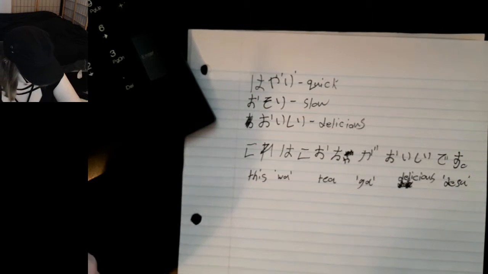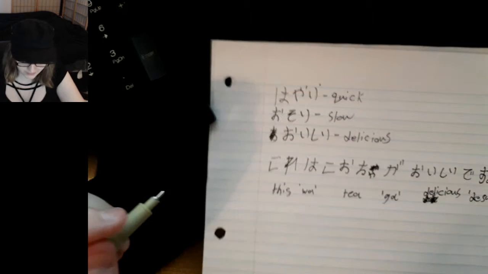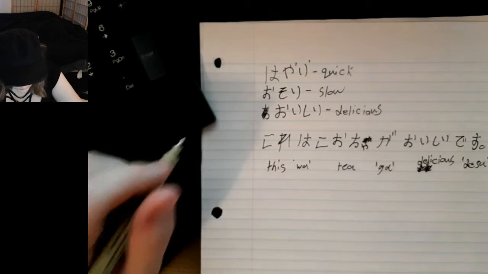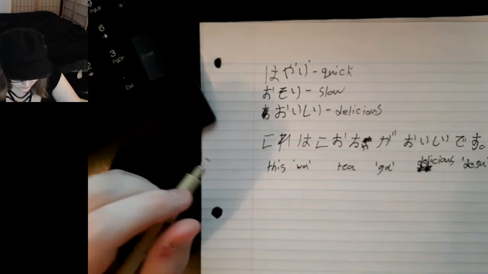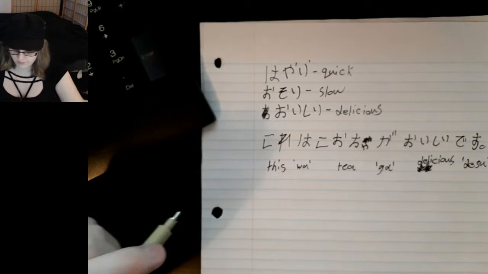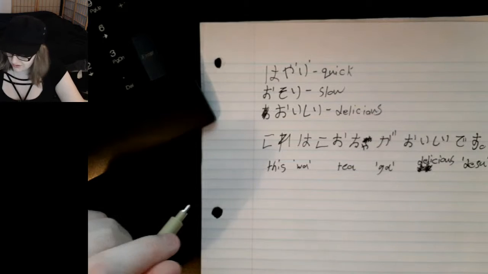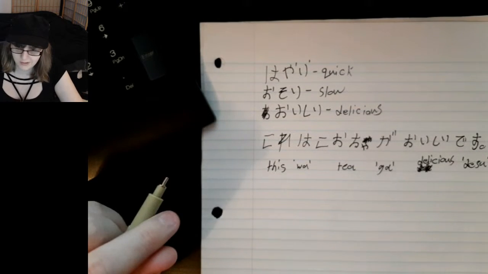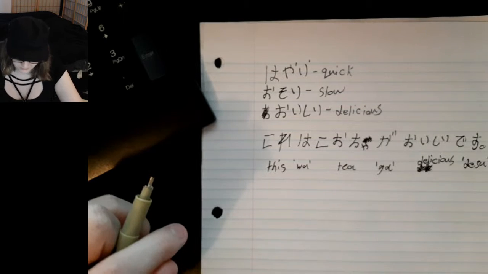So, the other way we're going to be using adjectives for this stream is when we are being descriptive about an object in a sentence. We're going to say, this cold tea is bad.